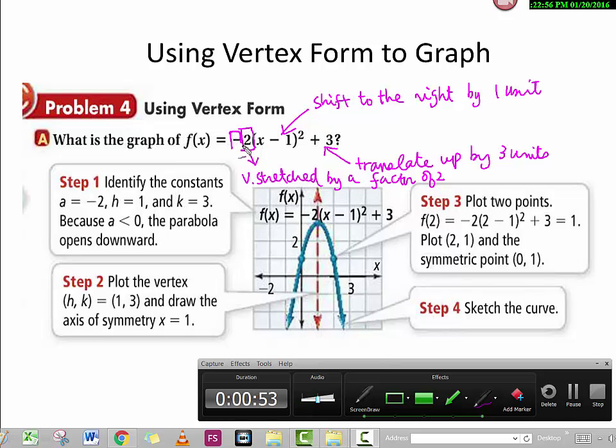The last one, and look at the negative sign right here, we say it's a reflection across the x-axis. So these are the interpretation or the description of the transformation.